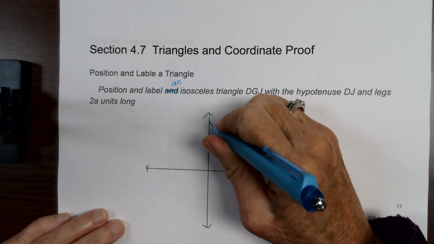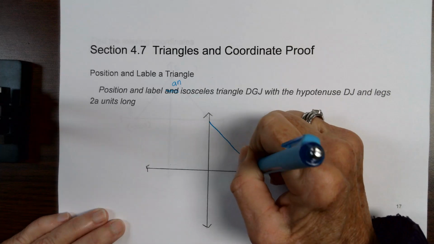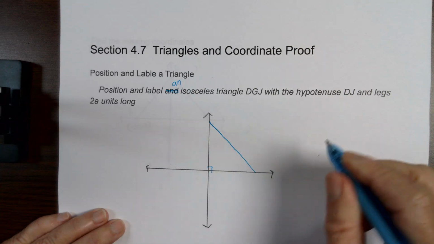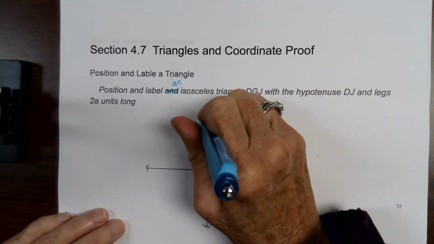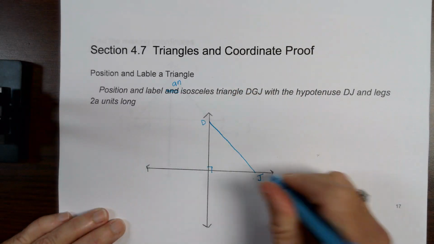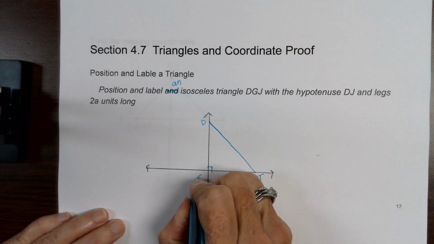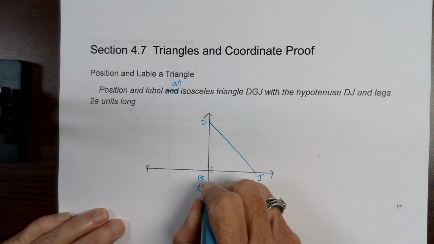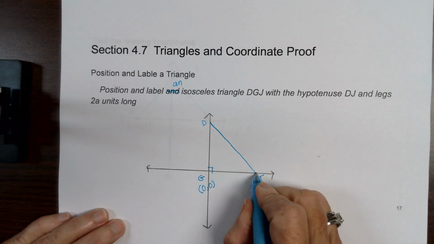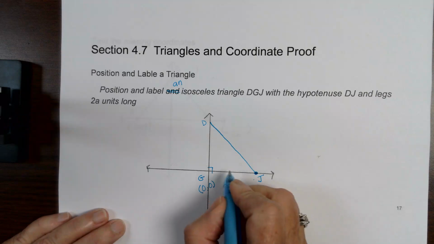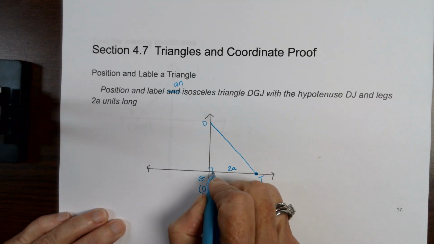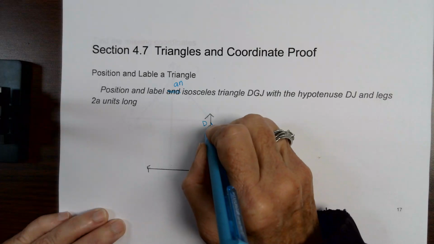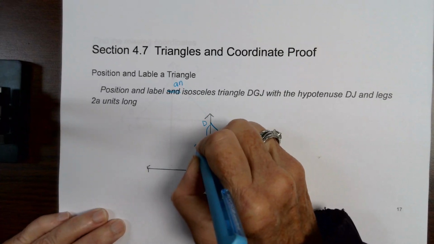So I'm just going to take this and make this the hypotenuse. So this would be DJ, and then this would be G. And I can say that the ordered pair at G is (0, 0). The ordered pair here is 2a units, which is also 2a units here.